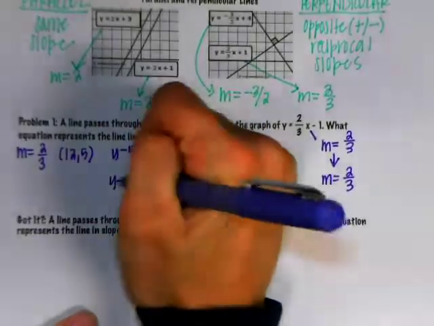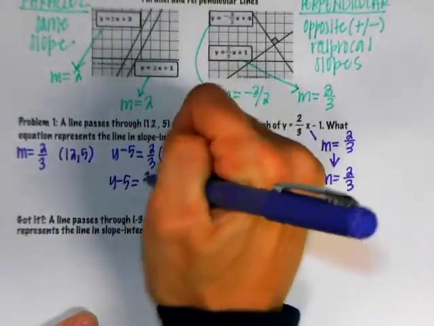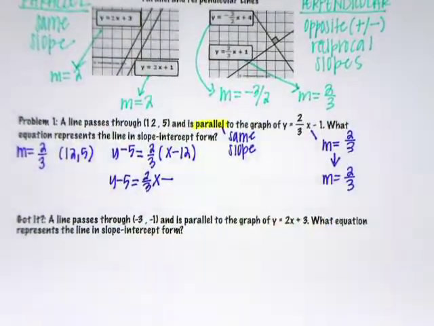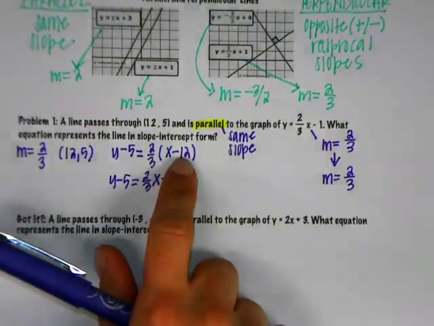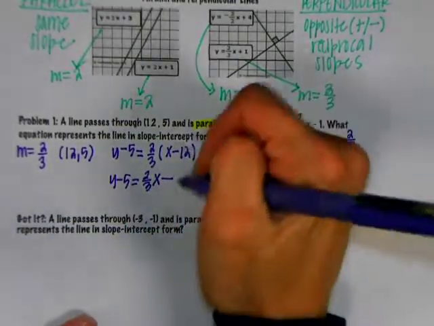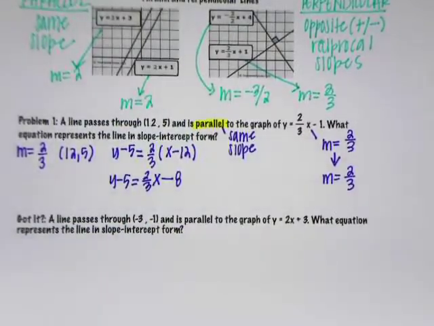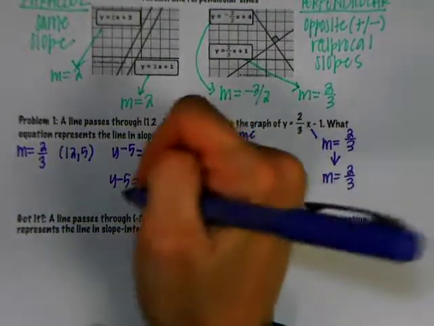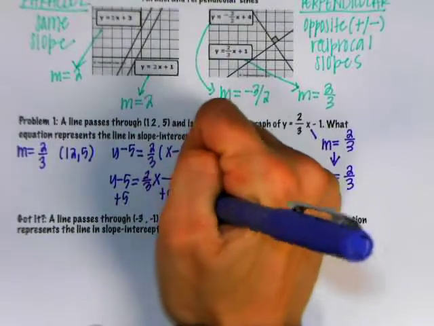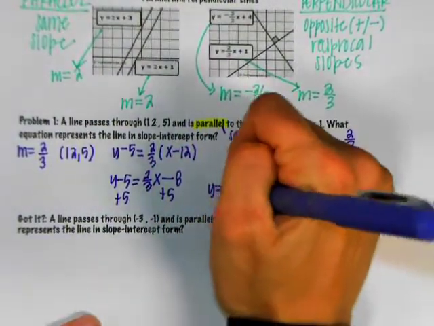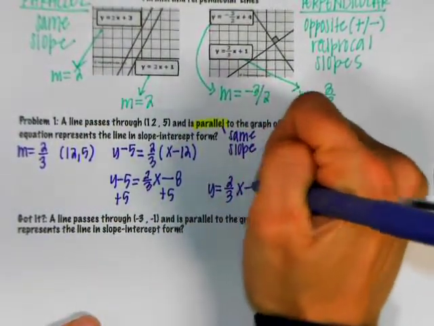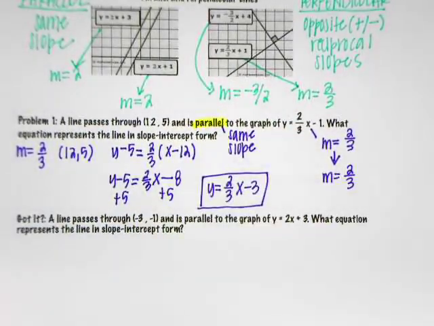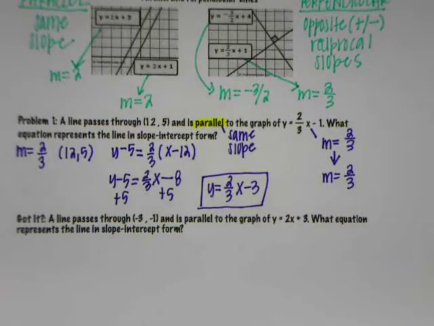So y minus 5 equals 2/3 x minus, so 2/3 times 12, what's 2 times 12? 24 divided by 3? 8. And then how do I finish this off? Add 5. So you get y equals 2/3 x minus 3. Got it? Yeah?